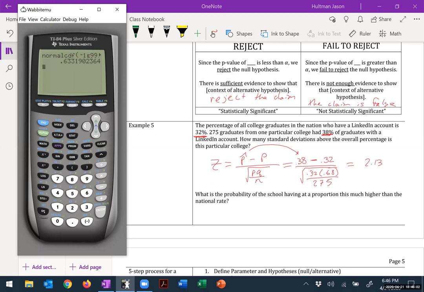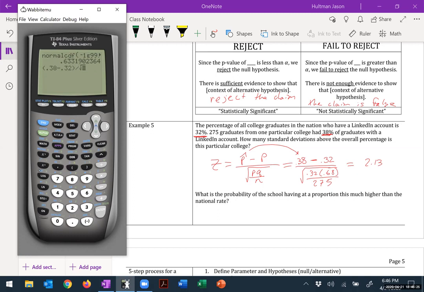Now this is a fraction over a fraction, so there are implied parentheses. 0.38 minus 0.32 goes on top, close parenthesis. On the bottom, I'm going to get the square root function, which gives me parentheses, which is nice.